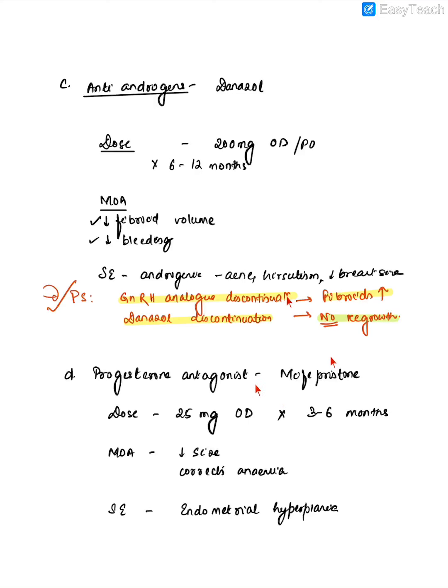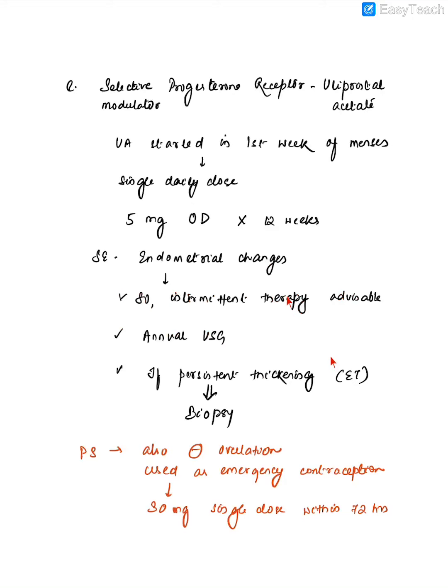Progesterone antagonists like mifepristone at a dose of 25 mg OD for 3 to 6 months are also used. It decreases the size, corrects anemia. One of the important side effects is endometrial hyperplasia. Selective progesterone receptor modulators like ulipristal acetate are started in the first week of menses, a single daily dose of 5 mg OD for 12 weeks.